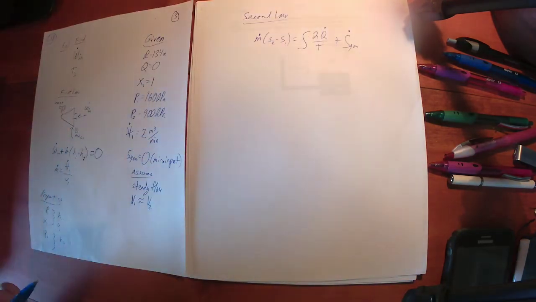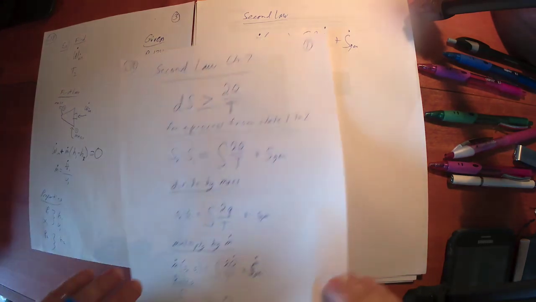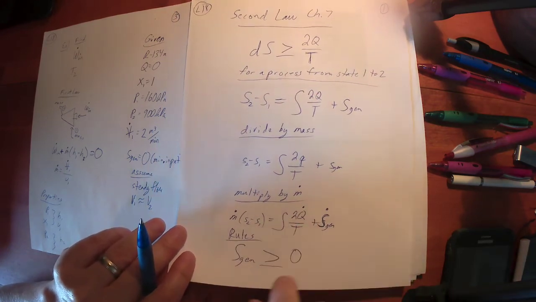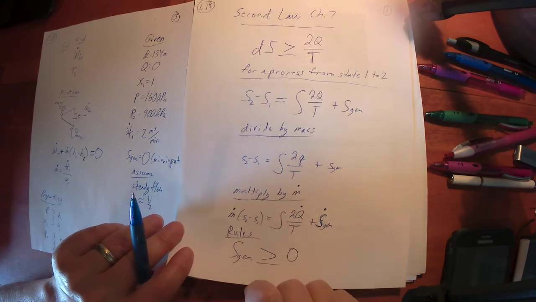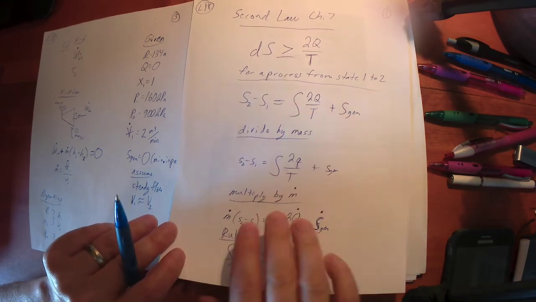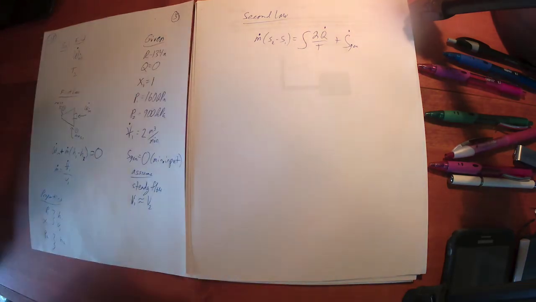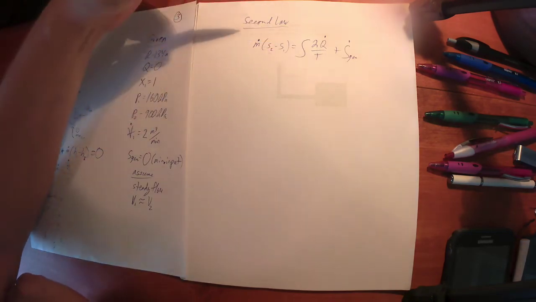You could use any of the three forms of the second law that we drew out last time. I picked this one because it's a control volume, and I don't know the mass flow rate yet. This one's probably better for a closed system, but it would still be applicable in this situation. They're all useful. Which one should I use? I don't know. Let's try this one and see how it goes.